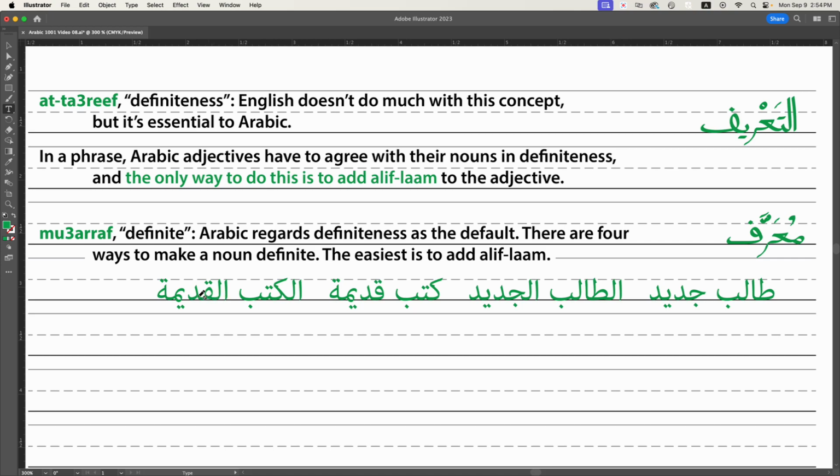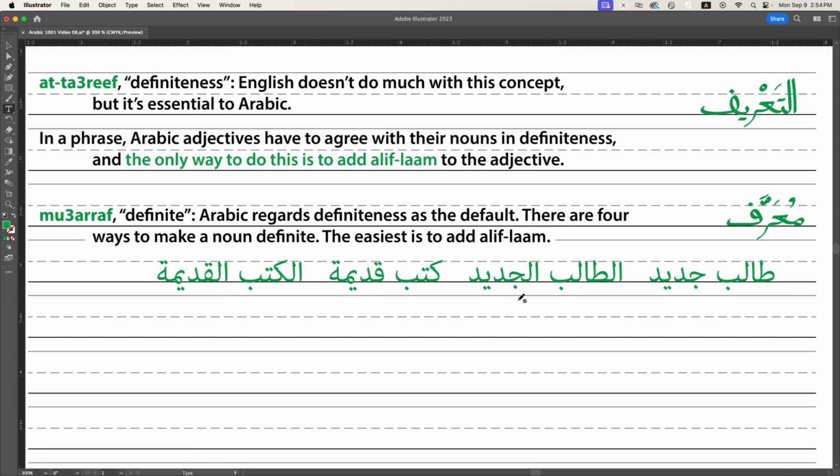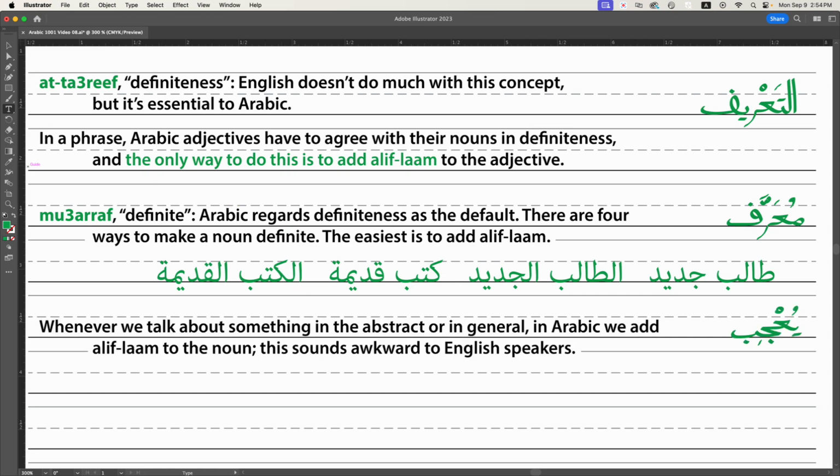Al-kutub al-qadima, the old books, the old in English. So this isn't exactly rocket science. It's pretty easy. If the noun has alif lam, then in a phrase the adjective needs alif lam as well. So this is the easiest one.